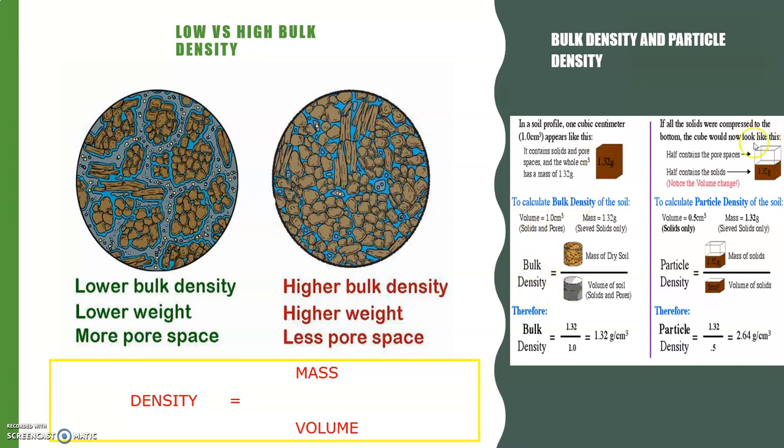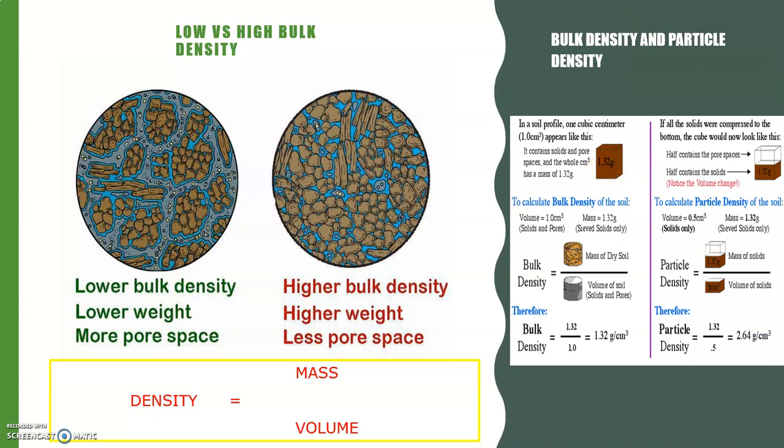The difference between these two, when we do the calculation for density, the mass will be the same. Mass means berat. G same, itu adalah sama. Kalau saya ambil tanah 1 kilo to calculate bulk density and particle density, 1 kilo, but the value or the volume changes when we compress.